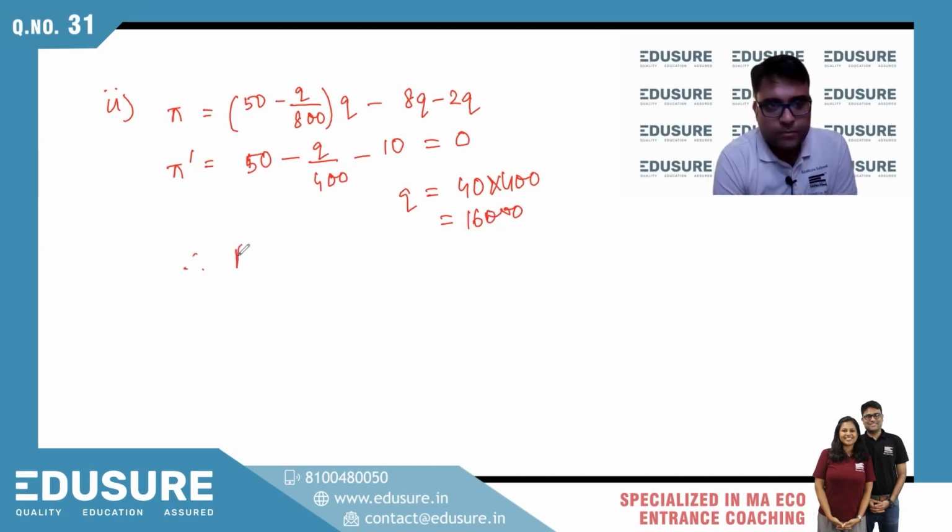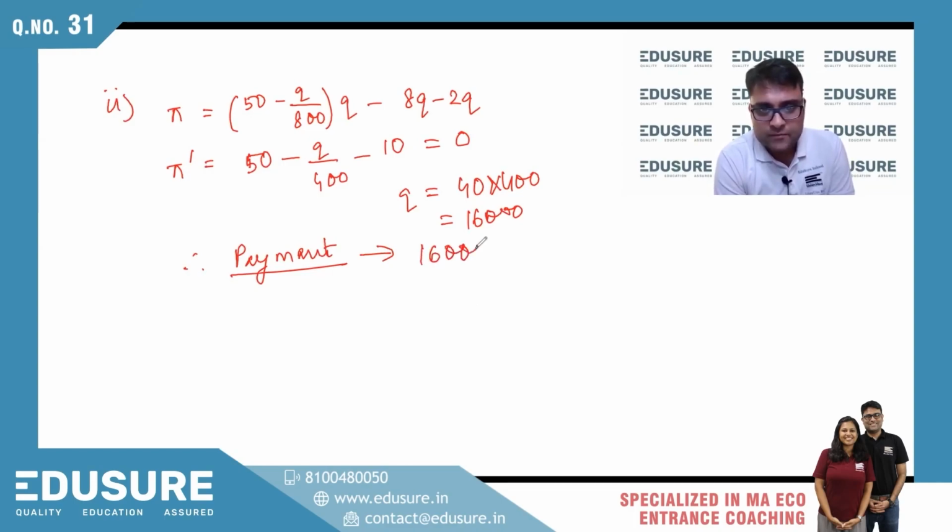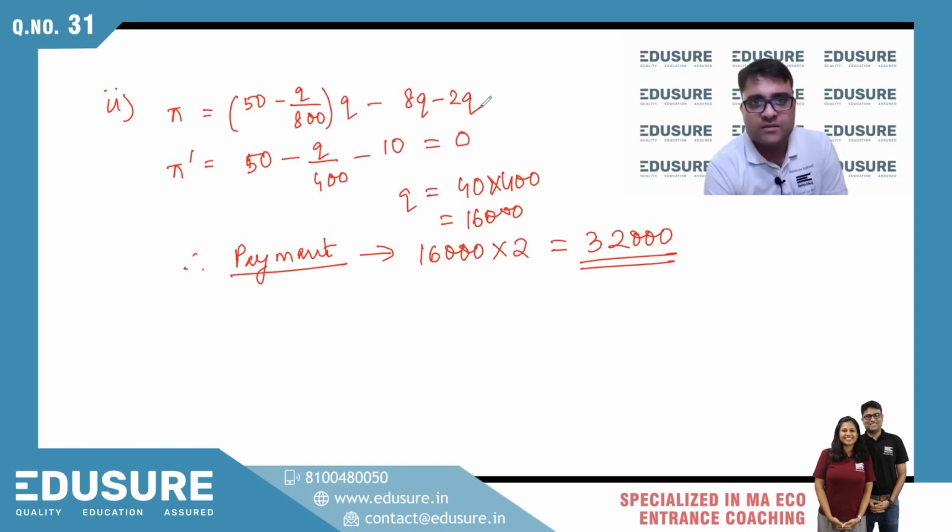Therefore, payment to the singer is equal to quantity times 2, and this is how much the singer will get according to option 2.